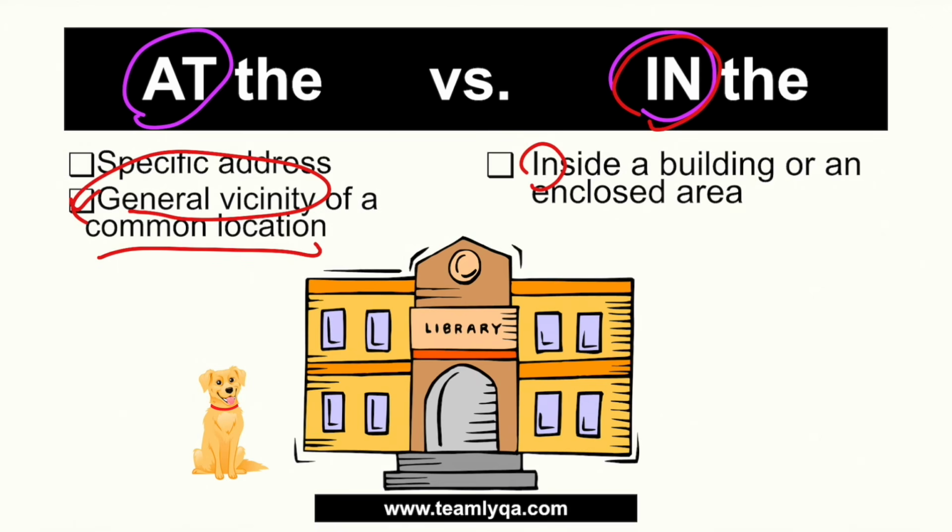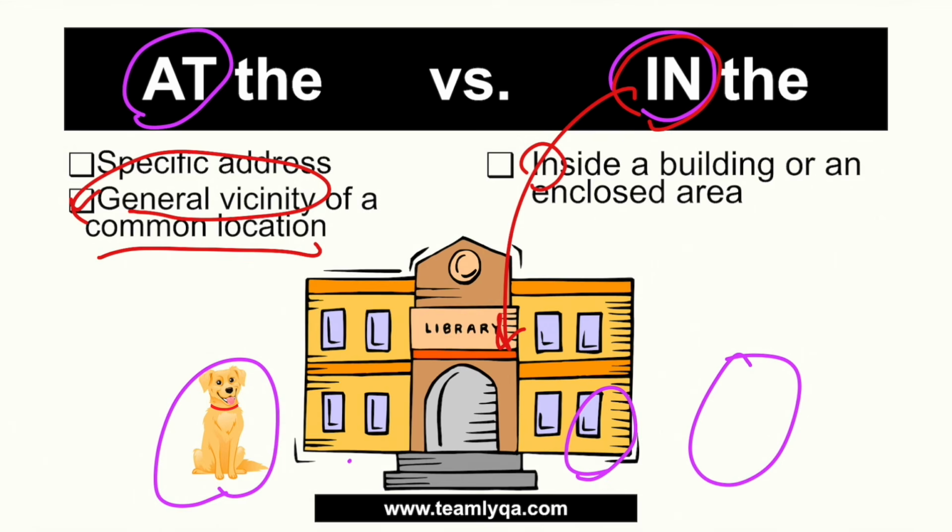Now, kailan to magbabago? Magbabago ito kung si Haley ay hindi na lang nasa library, kundi nasa loob. Okay? Kung siya ay pawasok sa library, magiging in. Again, kapag si Haley ay nasa general vicinity lang, whether dyan, or anywhere na hindi ka sure kung nasan siya, you can use at. Okay?